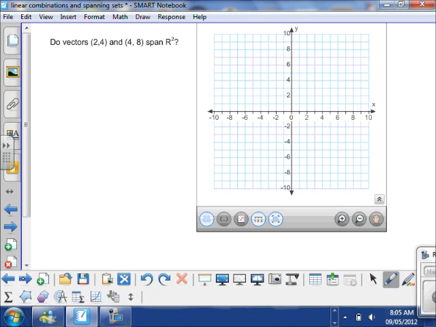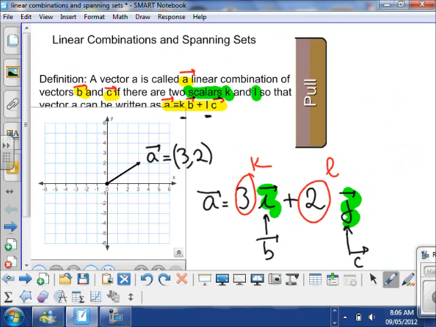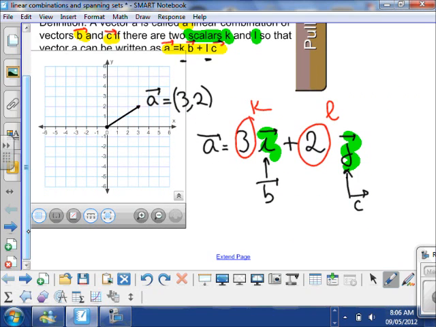Quite an interesting observation. What I basically show you here is that vectors i and j span R squared.